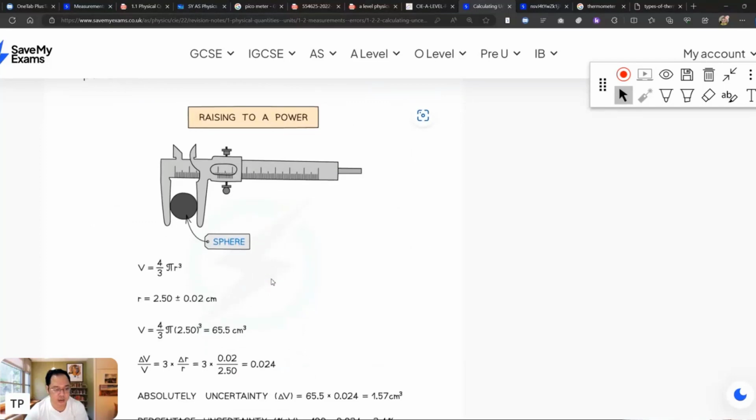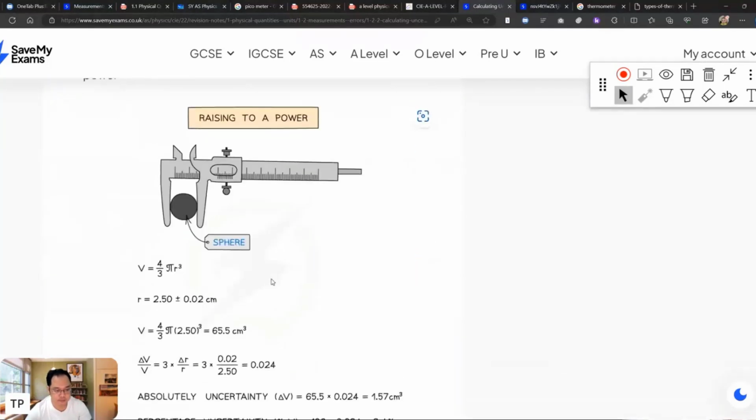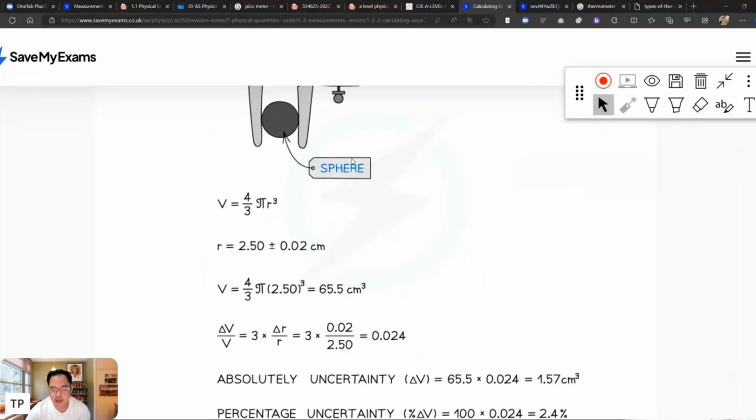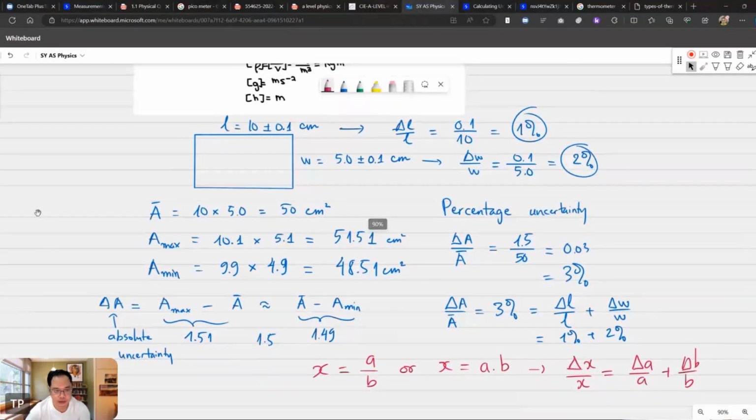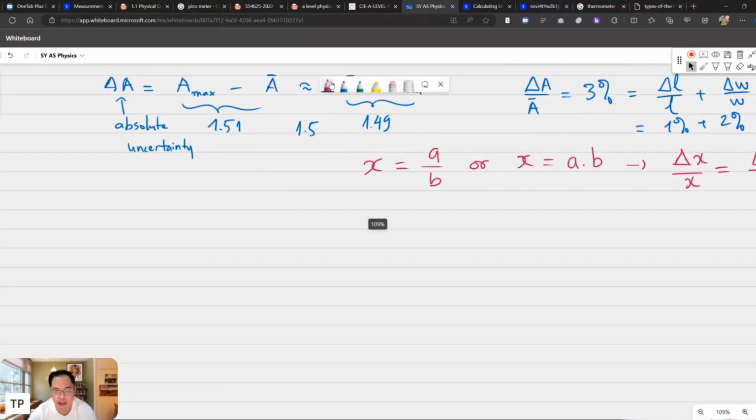Raising to a power. The last thing, raising to the power. I will take another simpler example rather than the area again. Instead of a rectangle, now I would take a square, meaning the length and the width are the same.